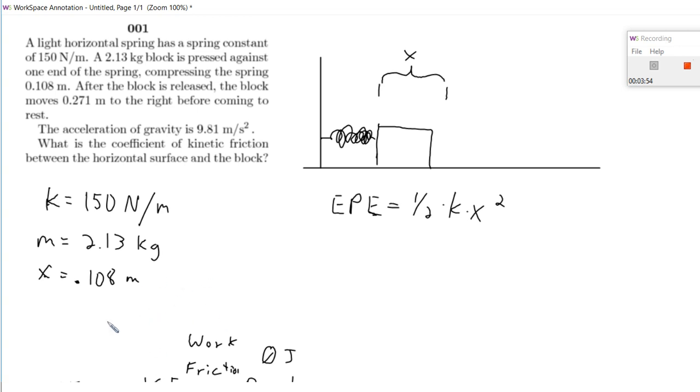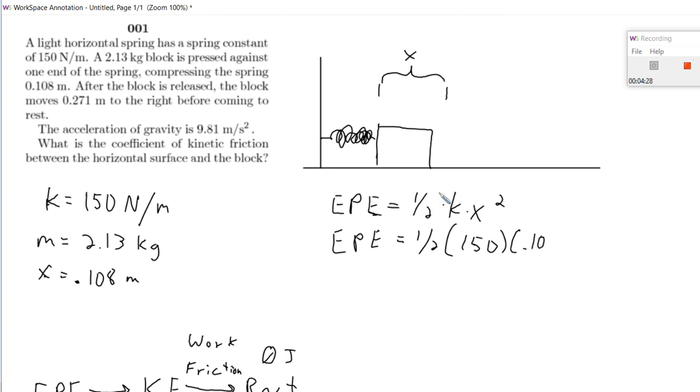Now, here's what we can see, though. We had this much, because if you had some energy and then you've lost it... I'm going to go ahead and pause and calculate this for just a moment. All right, so I know that my EPE is going to be equal to 1/2 times 150 times 0.108 squared.